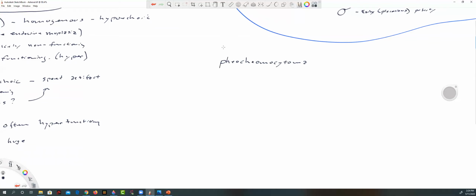Remember, in the medulla, they're chromaffin cells, and I believe they used to be called pheochromaffin or something like that. So pheochromocytoma is basically referring to those cells. Let's just write that here. It's a tumor of the medulla.